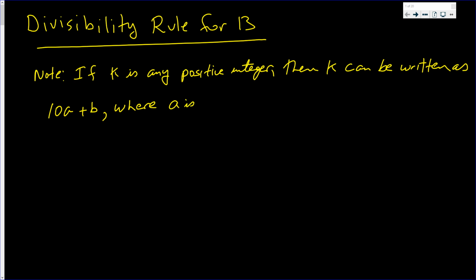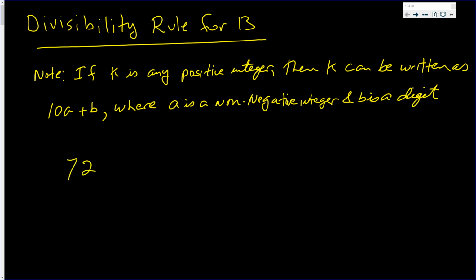Where a is a non-negative integer and b is a digit. And if you don't believe that's true, let's just look at a fairly big number.